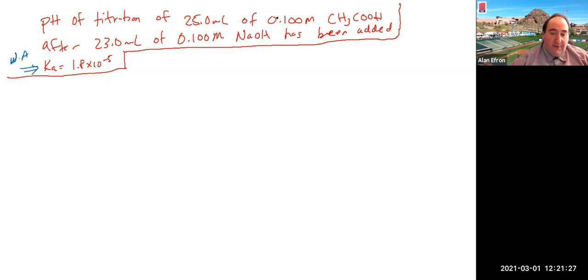And I know sodium hydroxide is a strong base. So right off the bat, you should know we're dealing with a weak acid, strong base titration, like we've been talking about. We obviously started the titration because we added 23 milliliters of our sodium hydroxide. We would then know we should at least do an ice table of that reaction that's going to occur.